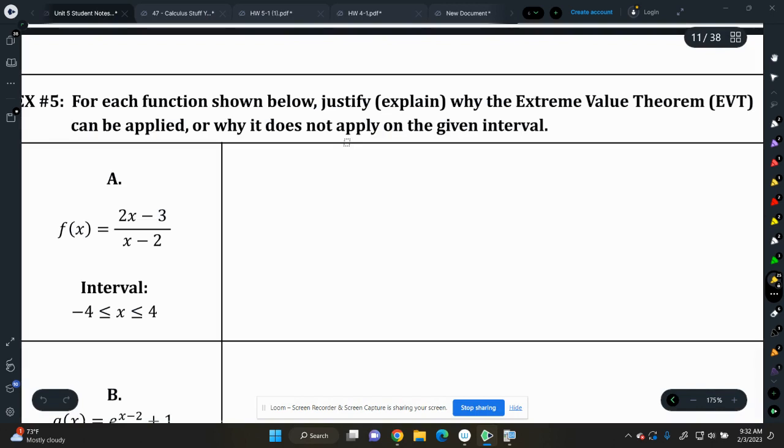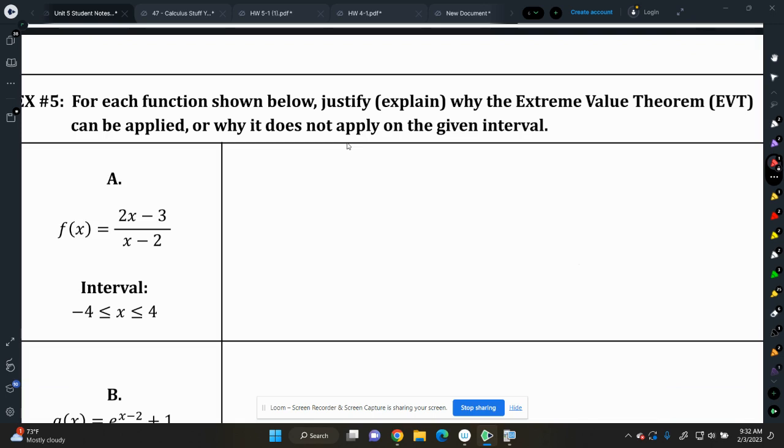There we go. Okay, so for each function below, justify why the extreme value theorem can be applied or why it does not apply on the given interval. So looking at this interval, -4 to 4, does the extreme value theorem apply? Yeah, Kayla.